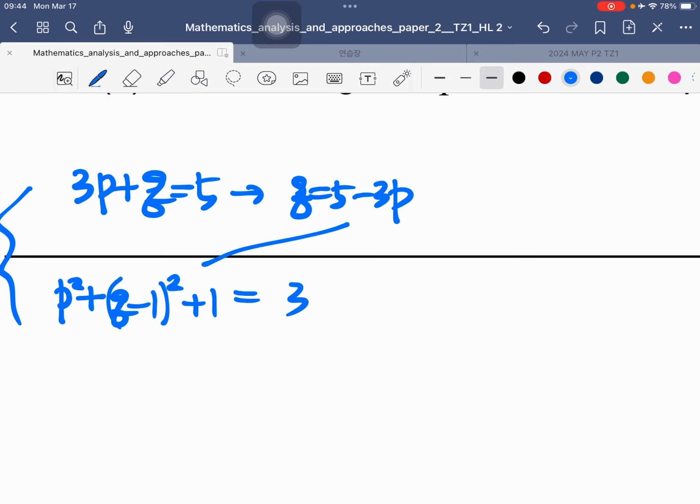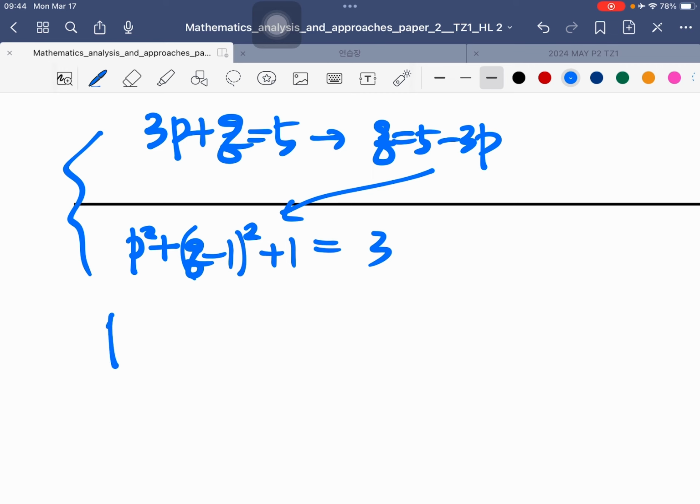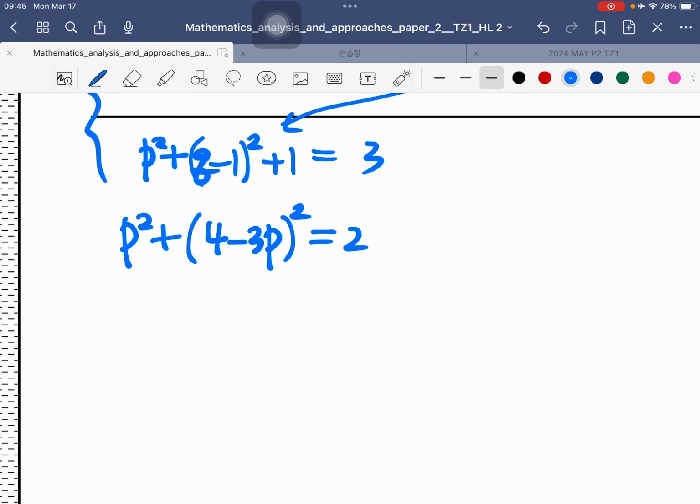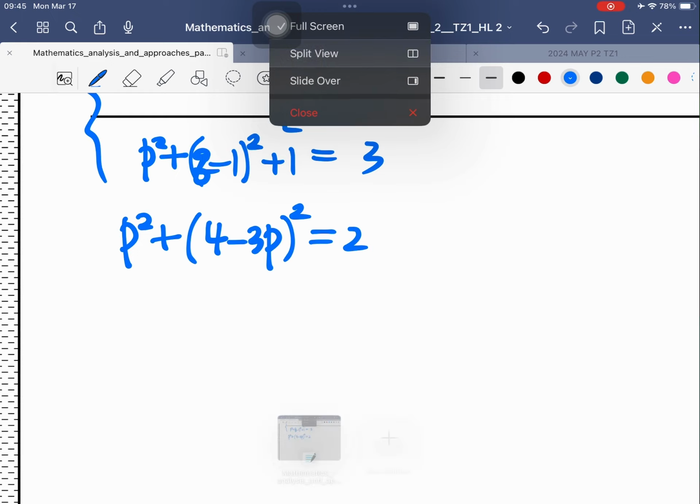Entering it over here, we get p squared plus (5 minus 3p minus 1) squared, which gives us p squared plus (4 minus 3p) squared equals 2. We need to find p. Because this is paper 2, we don't have to struggle, so just use a calculator to get the answer.